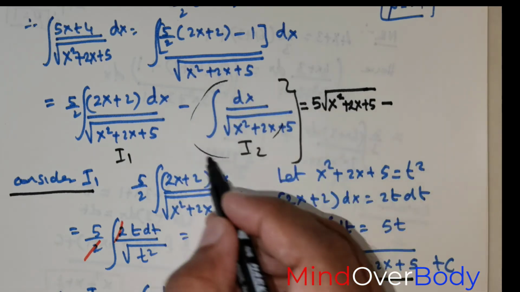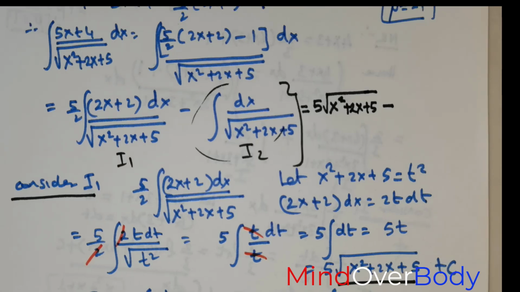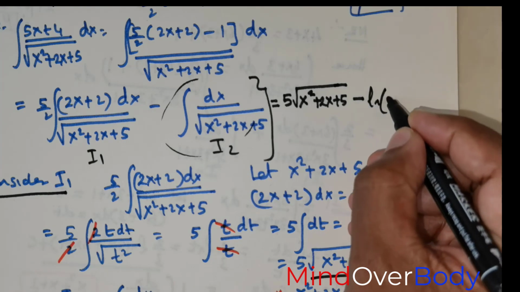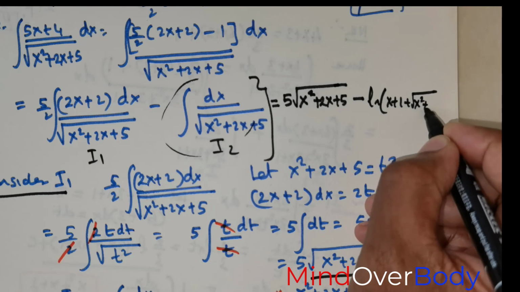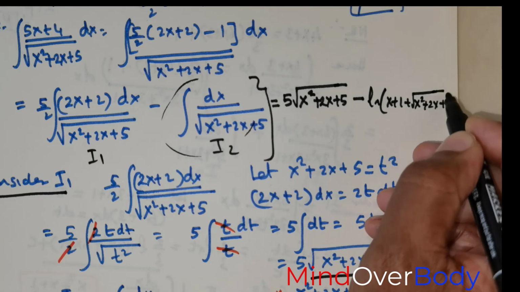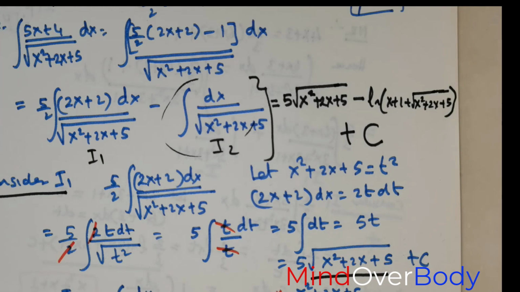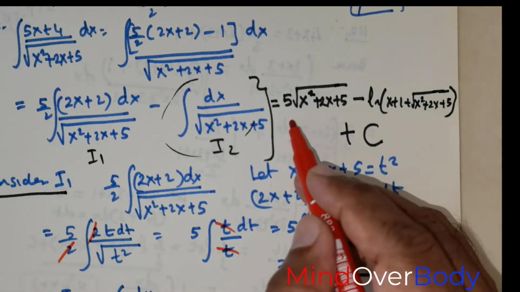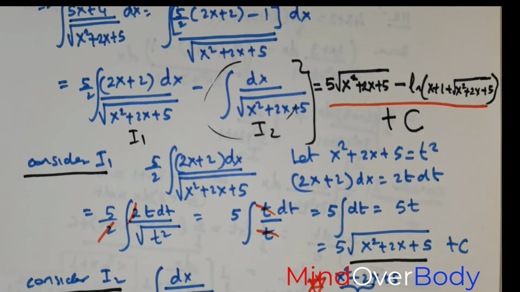We have only taken I2 and we have evaluated the value for I2, and that has turned out to be ln of x + 1 + root of x squared + 2x + 5, and we need to place the arbitrary constant. So this is the final solution, and that is a good place for us to draw the red line. Thank you, students. We will meet in the next class.